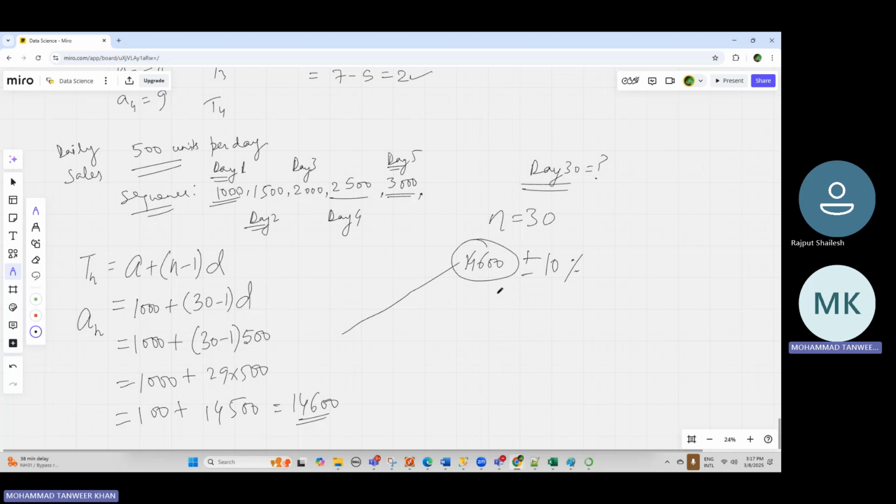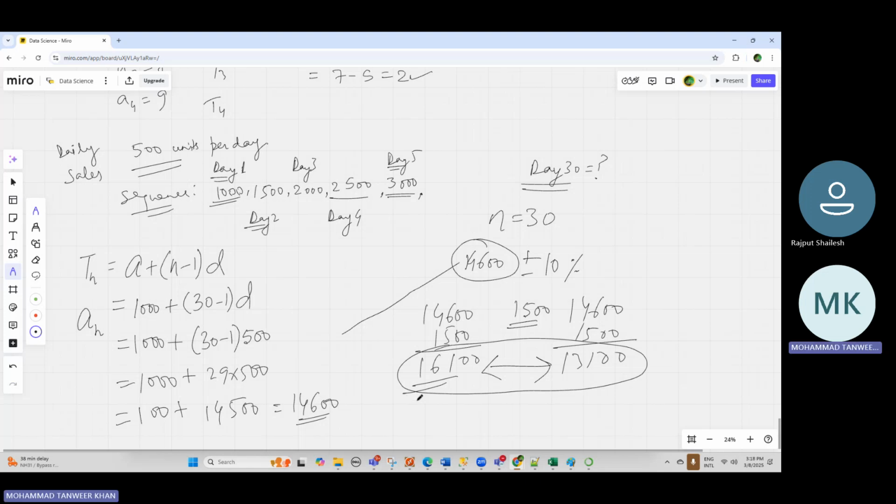Which will be around, let's say, 1,500, right? 10 percentage, approx I'm telling. Then they will add 14,600 with this 1,500, and then they will subtract from this as well. So it means the sales on the 30th day will be in this range.